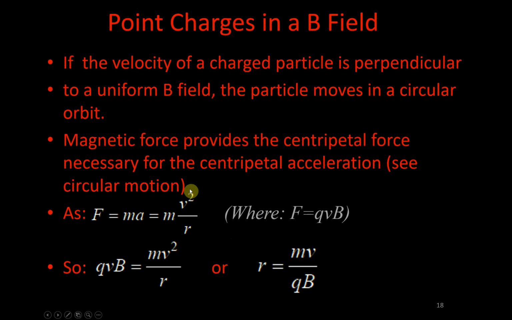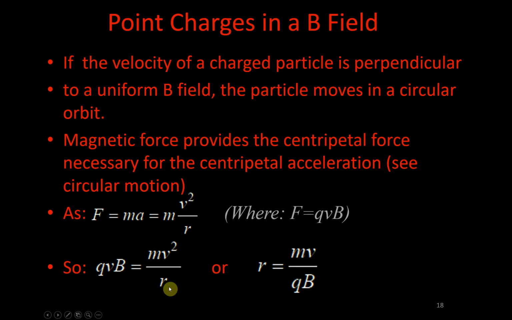Substituting in the definition of centripetal acceleration, v squared over r. The force is, of course, magnetic. The magnetic force is qvB on a charged particle. So qvB, if we substitute in for F, is equal to mv squared over r, which is our centripetal force.